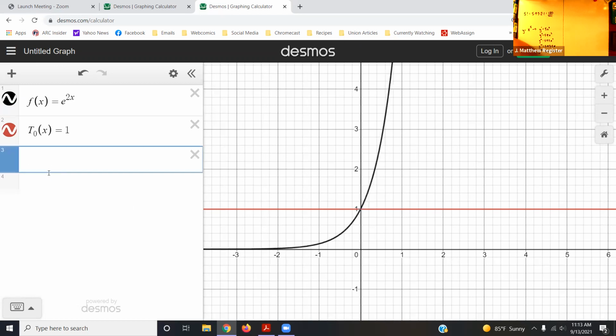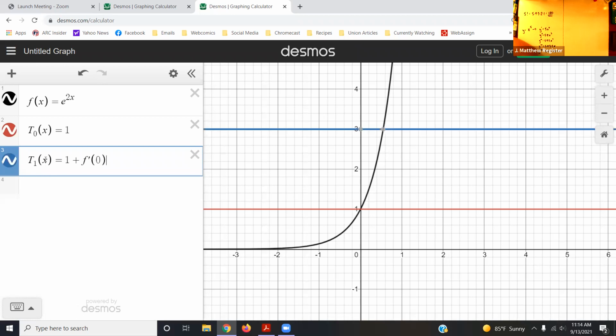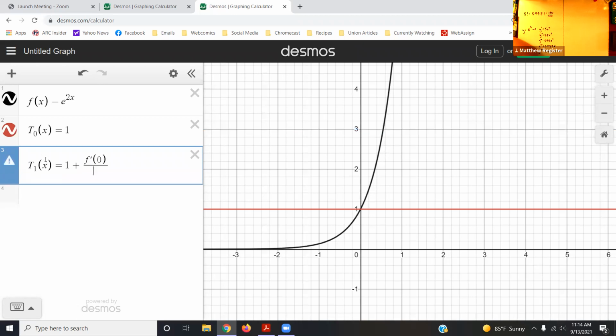Our degree 1 Taylor polynomial, t sub 1 of x, would be equal to f of 0, which we already know is 1. And then that's going to be plus our f prime of 0 over 1 factorial x.